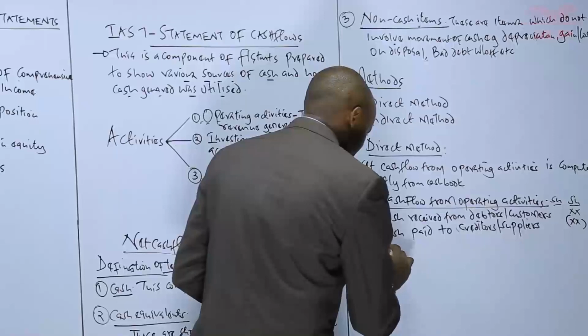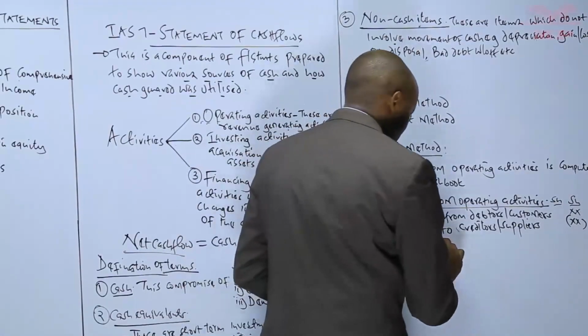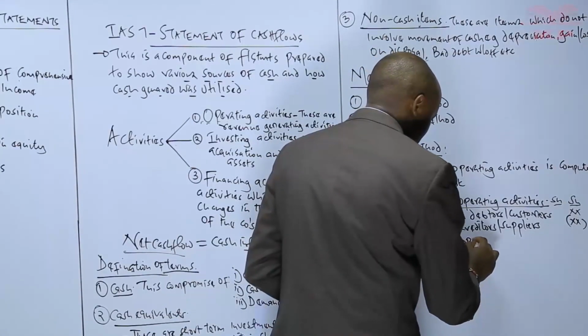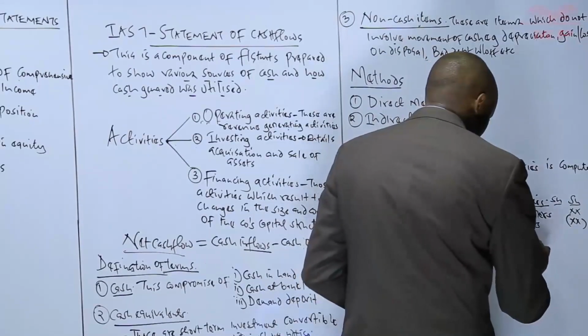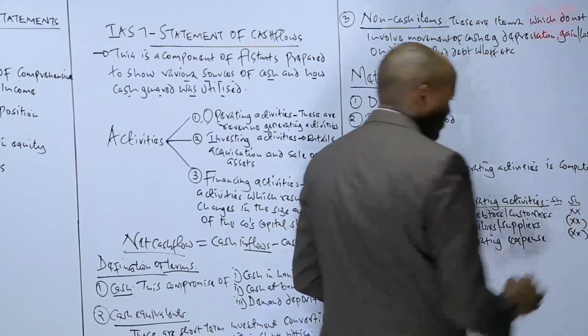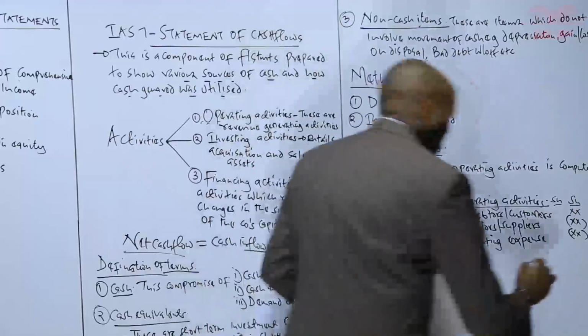Once we have that, we then proceed and also take into account the cash paid for operating expenses. That cash which is paid for operating expenses is still a cash outflow. And then we get the net amount.